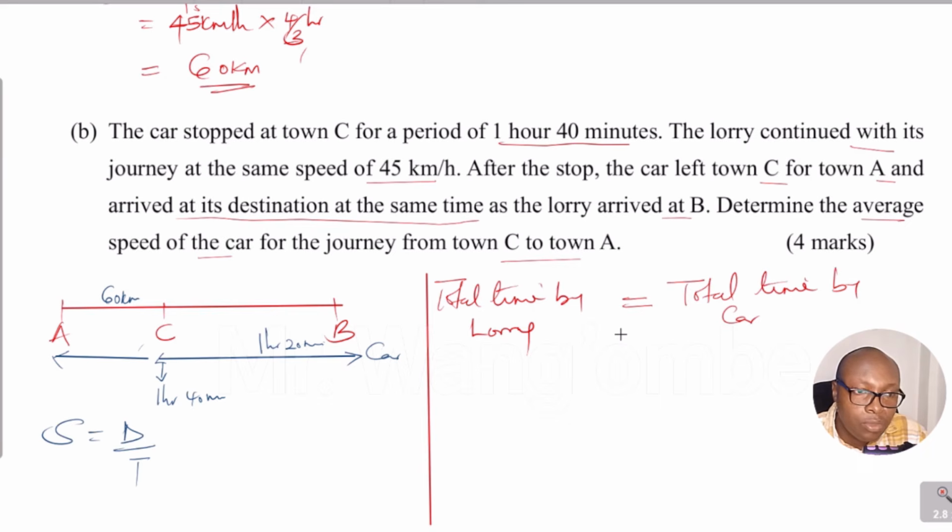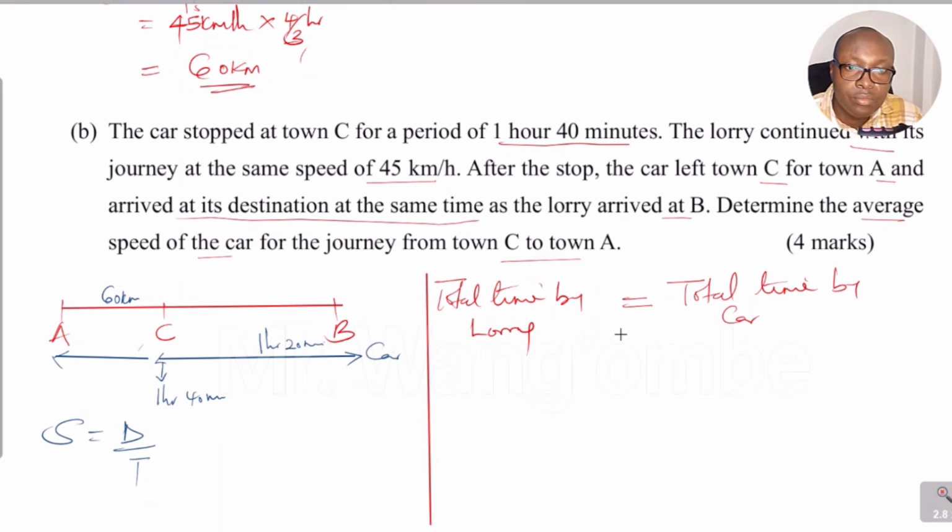Whether the car stopped or did not stop, the time that was taken by the lorry should be equivalent to the total time taken by the car, because we are given this statement, which is very important, that they arrived at the same time at their respective destinations.